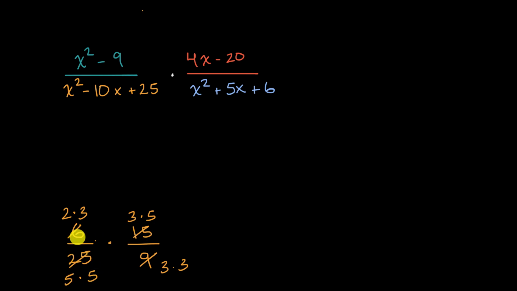And then you can realize in your eventual product, you're going to have a 5 in the numerator and 5 in the denominator. 5 divided by 5 is 1, 3 divided by 3 is 1, and then 3 divided by 3 is 1. And so all you'd be left with is that 2 and then that 5. So this is going to be equal to 2/5.